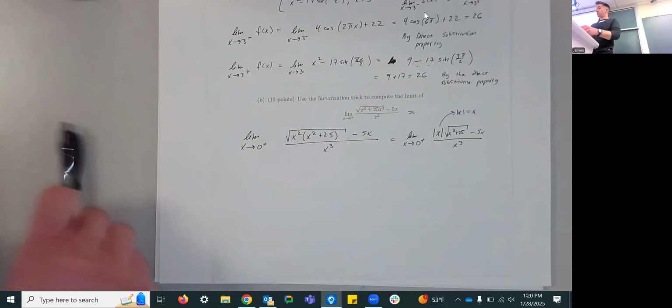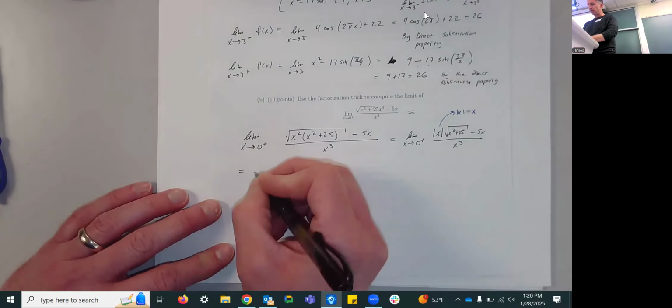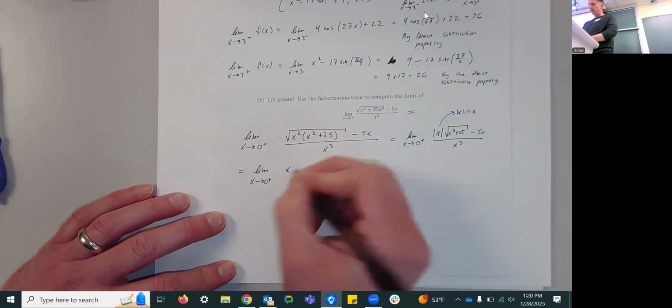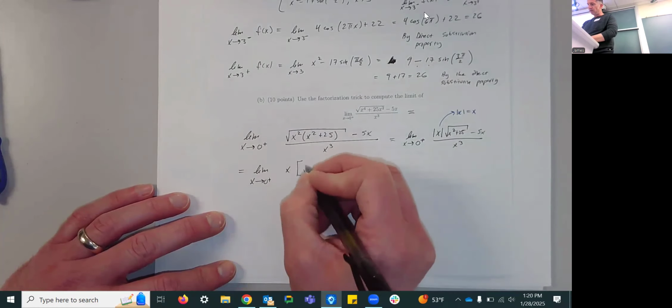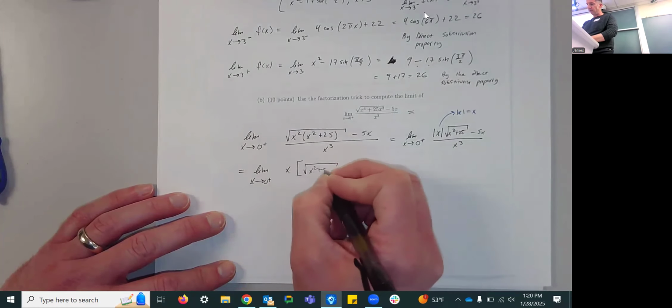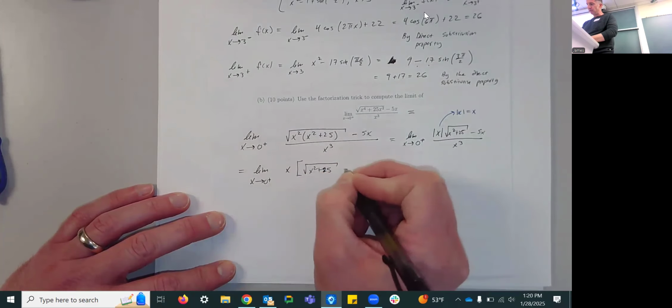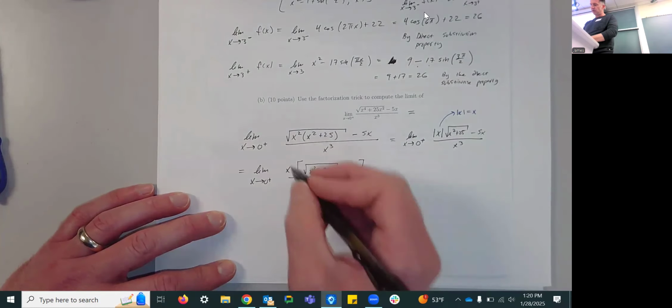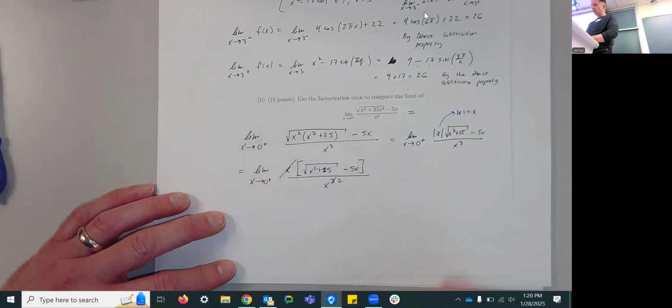And we can factor out an x. So we're going to rewrite this as the limit as x approaches 0 from the right of x multiplied by the square root of x squared plus 25 minus 5x, all divided by x cubed. And now we can cancel an x here and an x here.